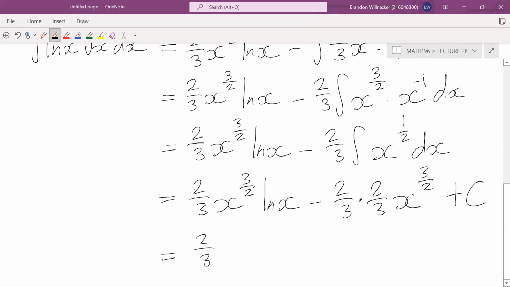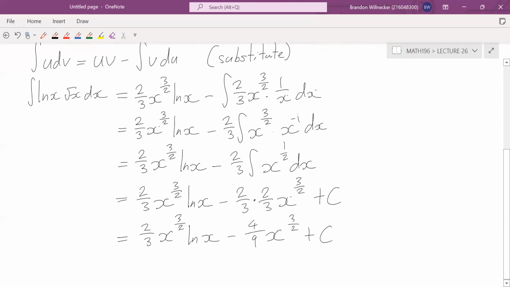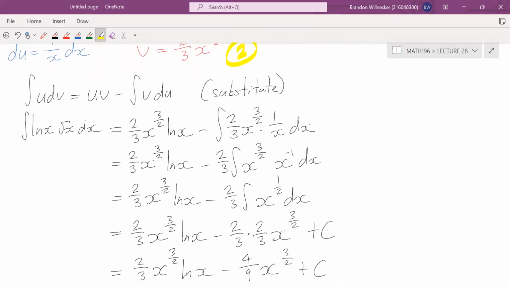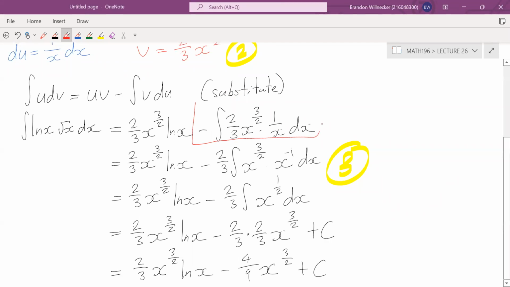So we get 2 over 3 x to the 3 over 2 natural log of x, minus, that's going to give us 4 over 9 x to the 3 over 2 plus c. Okay, and then that was step 3. So you see that after we do the substitution, this remaining integral over here is much easier to solve.